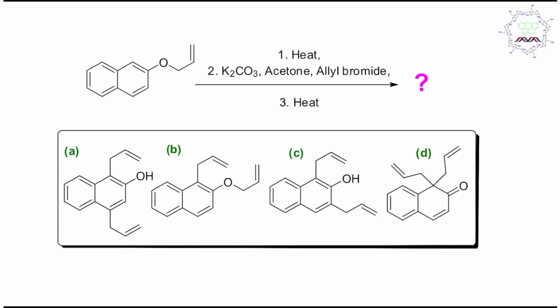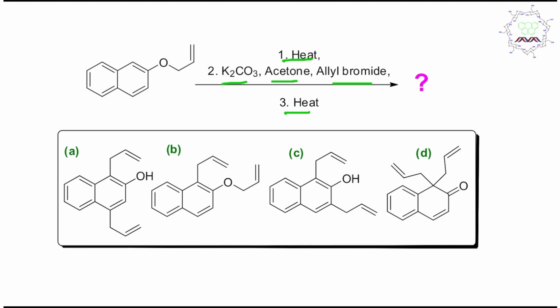The first step is heat, the second step is K2CO3, acetone, allyl bromide, and the third step is heat only. So what is the final product? Now if you look at this molecule, students, it is actually a phenolic allyl ether, and we know such compounds can undergo Claisen rearrangement.